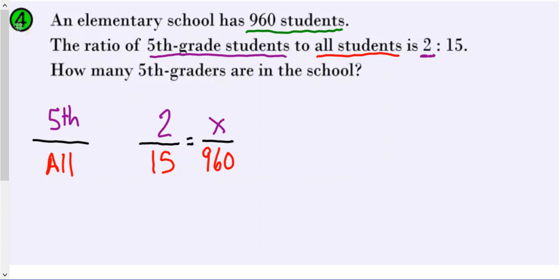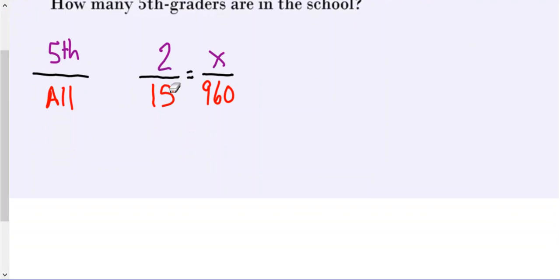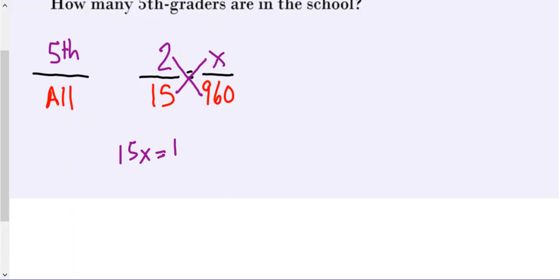Alright, in order to solve this one, I'm going to go ahead and use the cross products, and then we will solve from there. So we get, multiplying across the proportion, 15 times x will give you 15x equals, and then 960 times 2 will be 1,920.